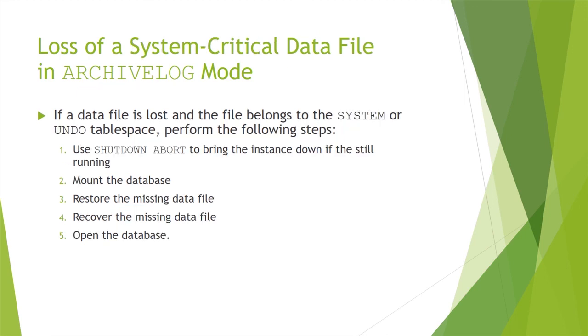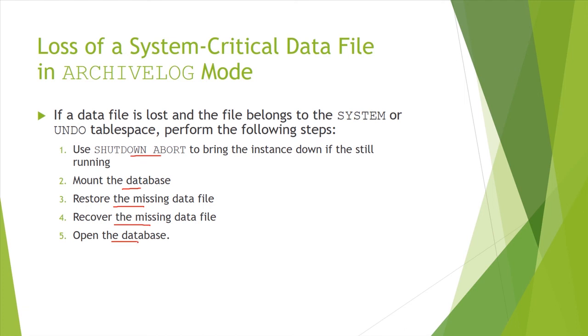If your data file is a system critical data file, meaning it belongs to the undo or system tablespace, the database at any time goes down abnormally. If it does not go down abnormally, you can bring it down by using shutdown abort. Once you shut down your database, mount the database, then restore the missing file, recover the missing file, and open the database.